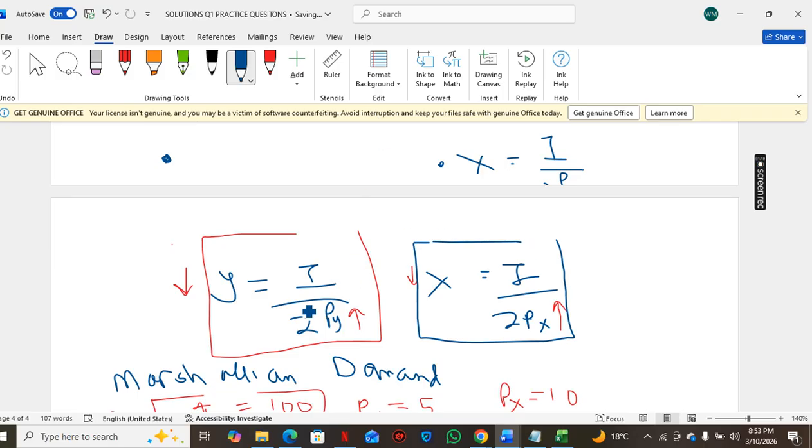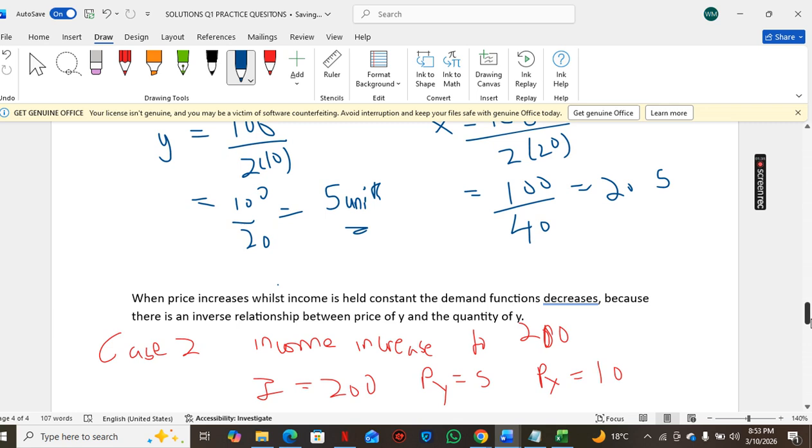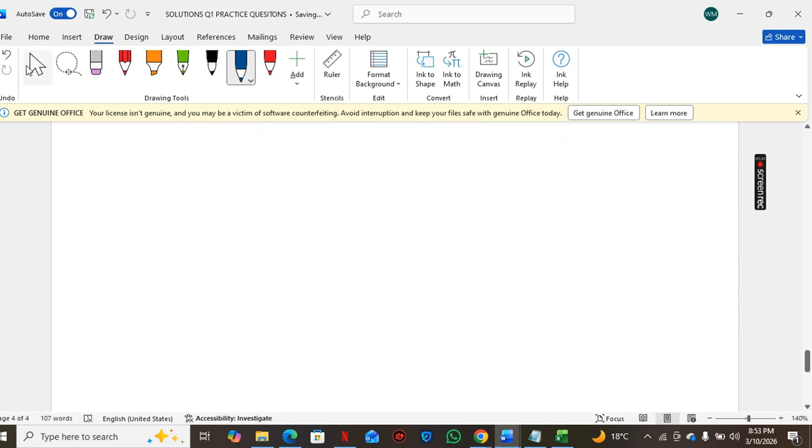Okay. Remember, the Marshallian demand function just shows you the quantity of y and x you can get with the income and the price of that good. So this y equals I over 2py and x equals I over 2px. We are substituting them back into our utility function.